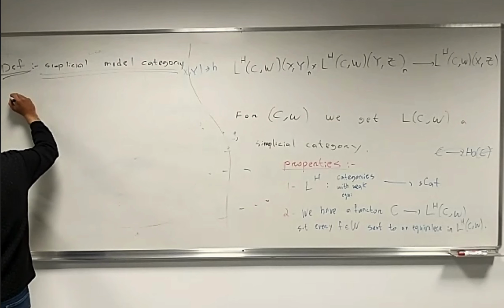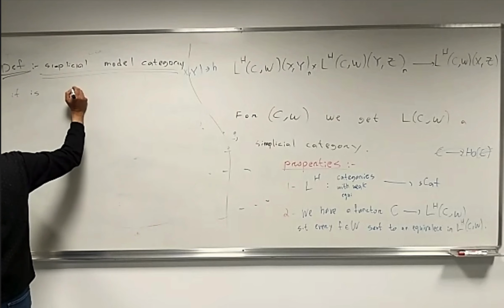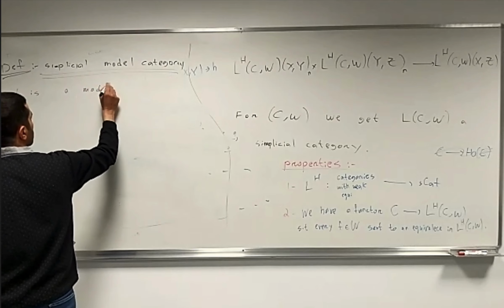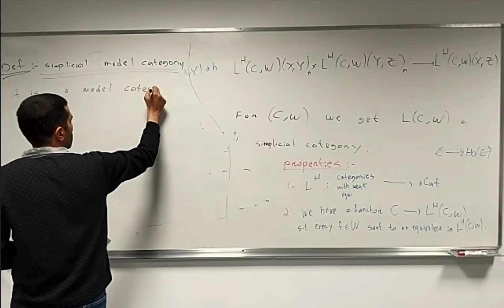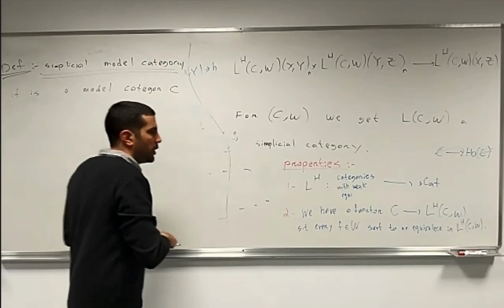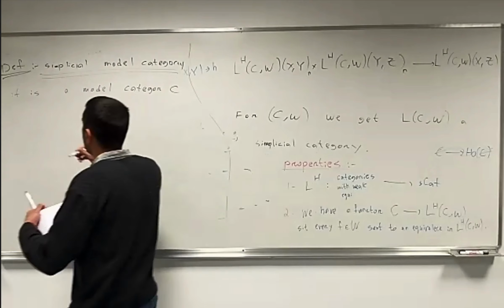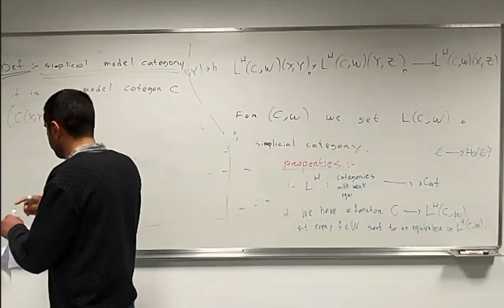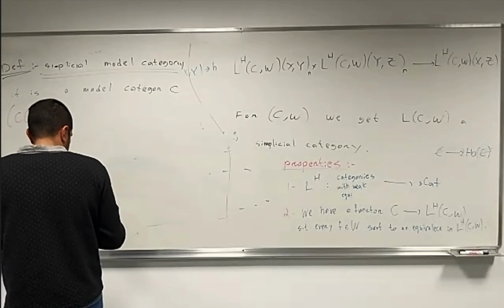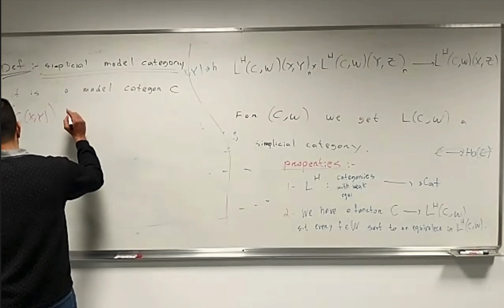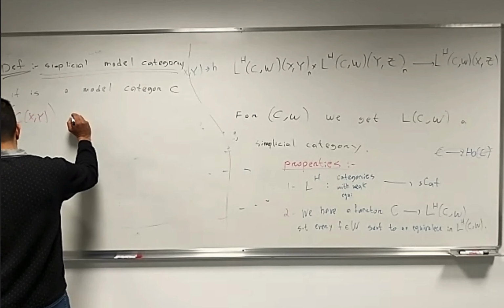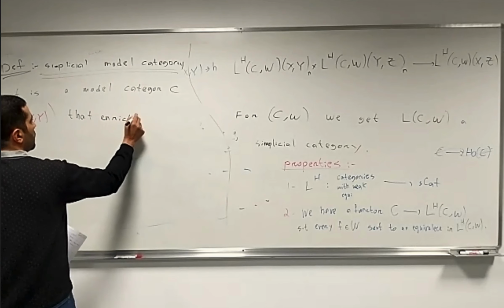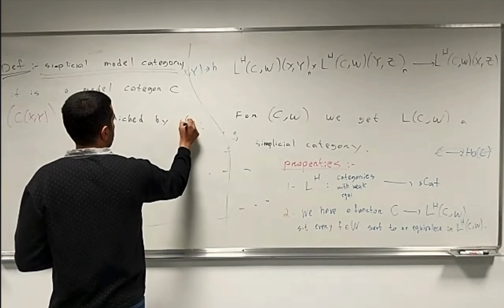It is a model category C. Actually, we will use this notation for morphisms, for the set of morphisms, and we have that C is enriched by simplicial sets.